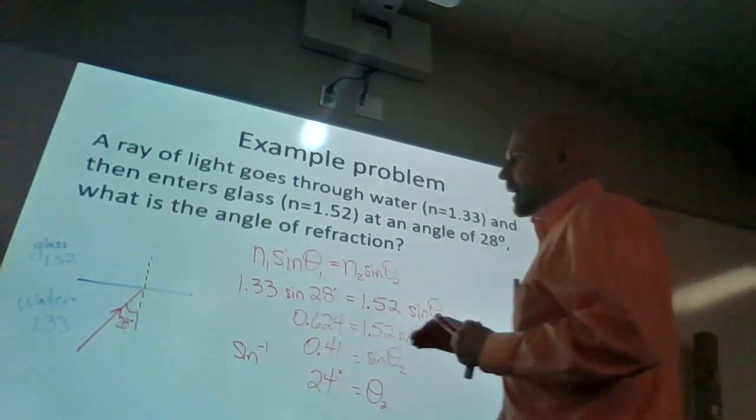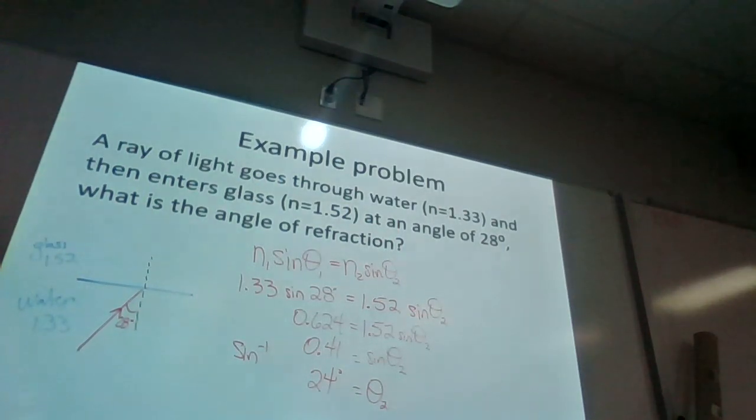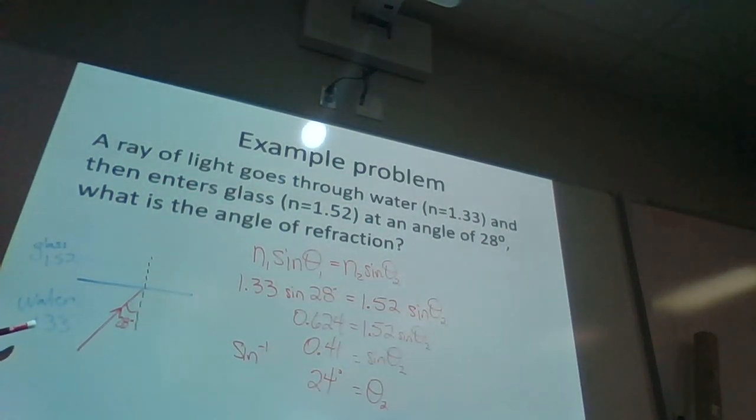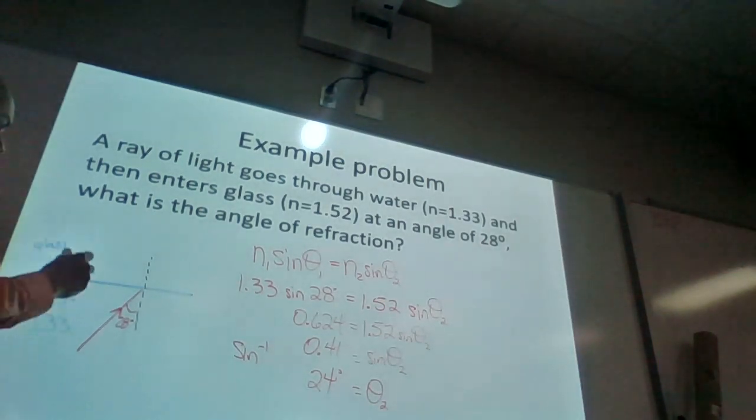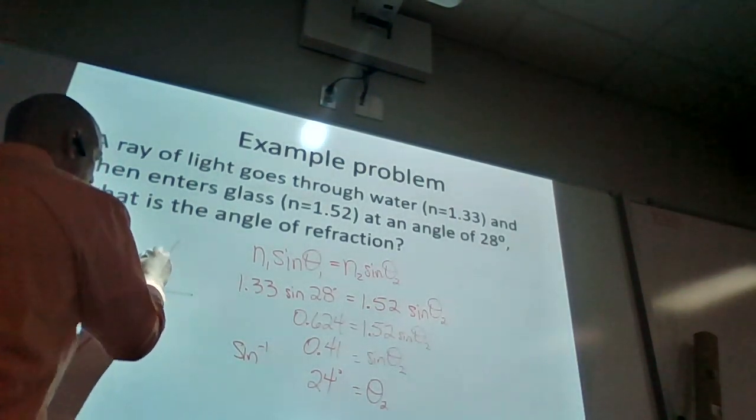Okay. As going from low to high, from fast to slow, it bends towards the normal line.